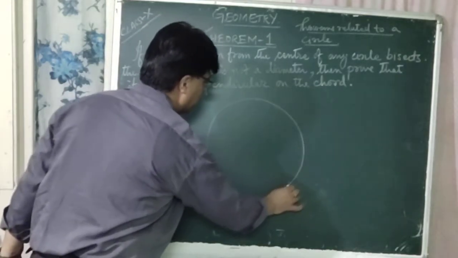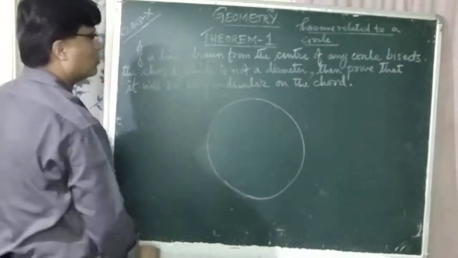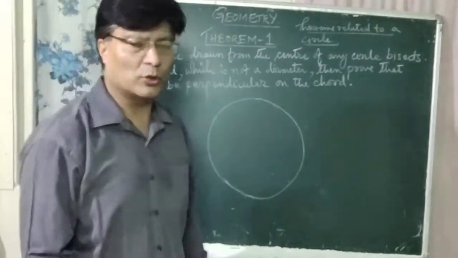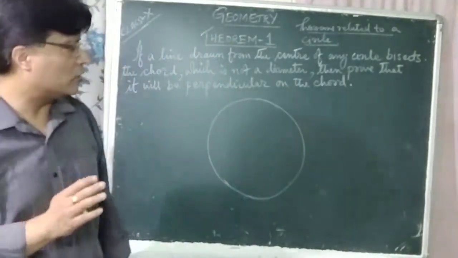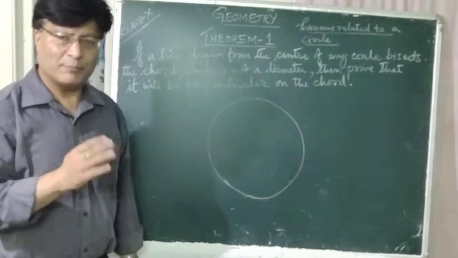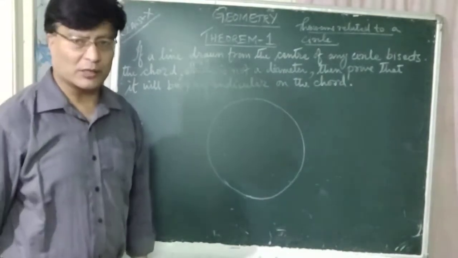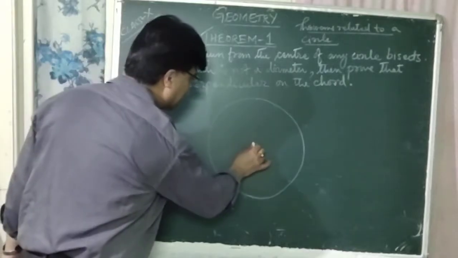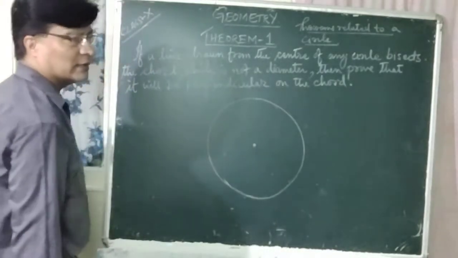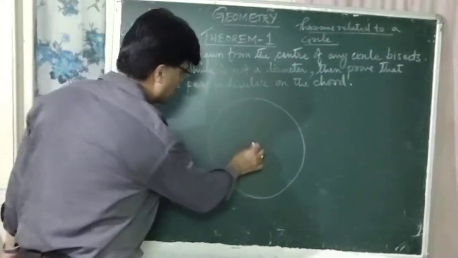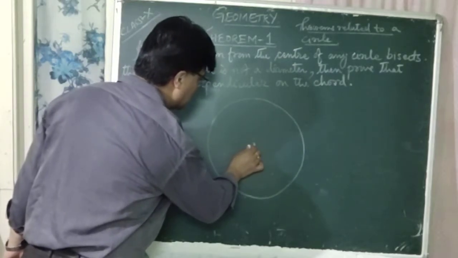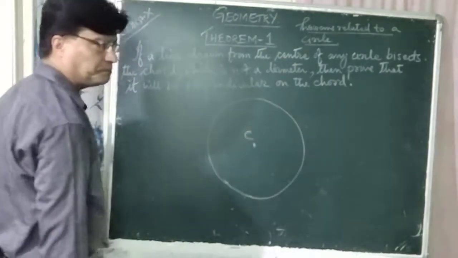You know that. Using compass, ruler, pencil, you can draw a circle, and the circle has a center. Suppose this is the center of the circle, that is C.